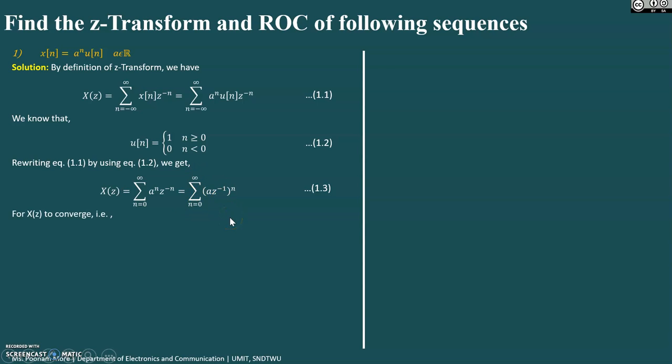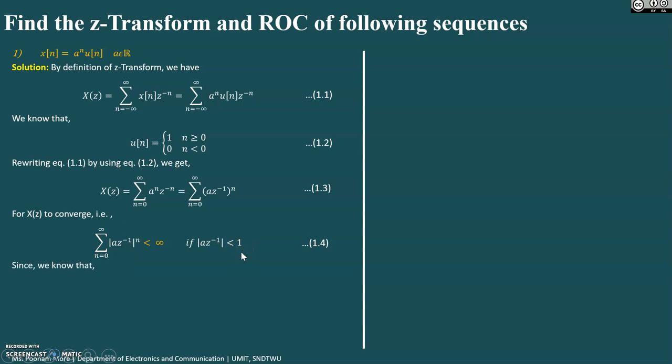Now for x of z to converge, this summation should be less than infinity. That means the summation should be finite. That is only possible when the magnitude of a z inverse is less than 1.